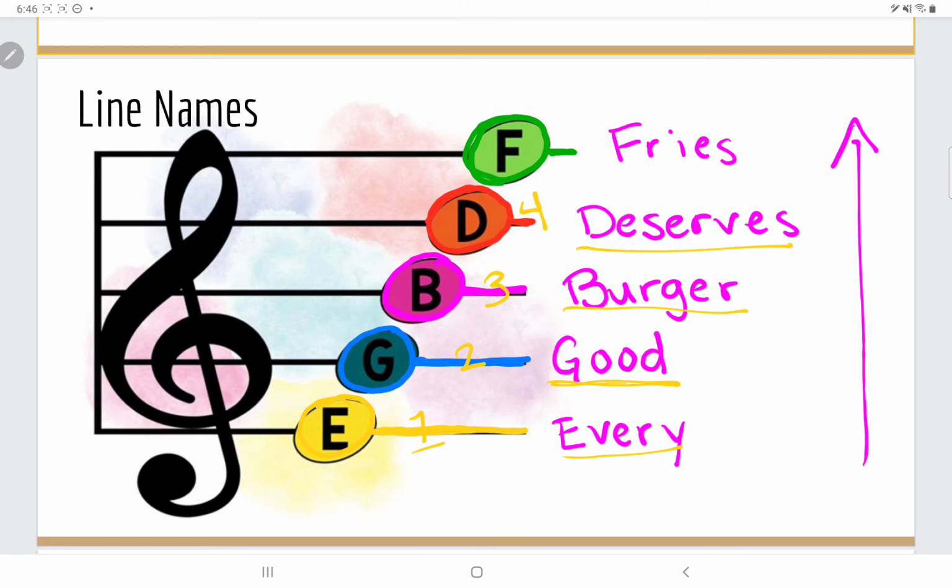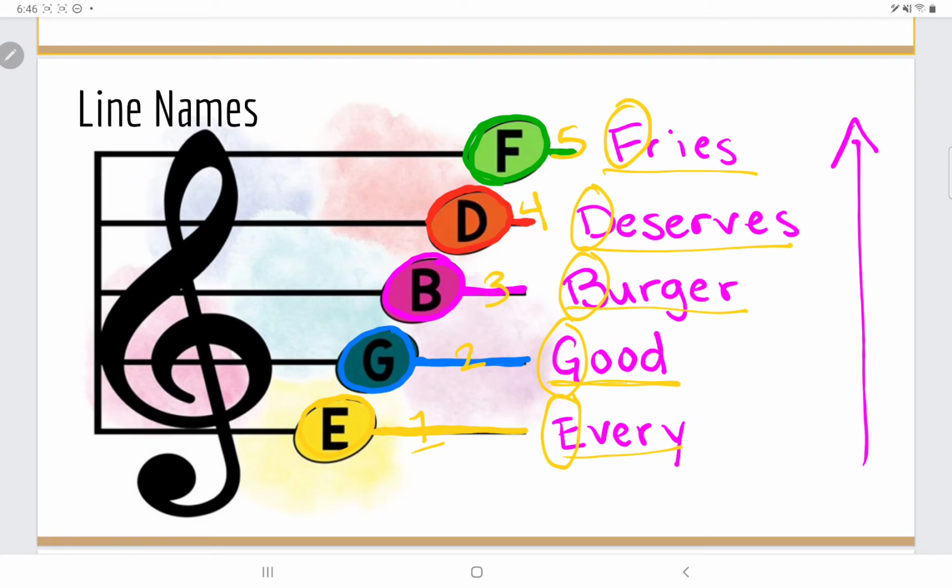It's always going to be deserves. And our last line is F, right there at the top of that 5th line, and it's always going to be fries. So here we have this silly sentence. It says, every good burger deserves fries. And if you can tell, this silly sentence, all of those notes match up with the first letter of that word.